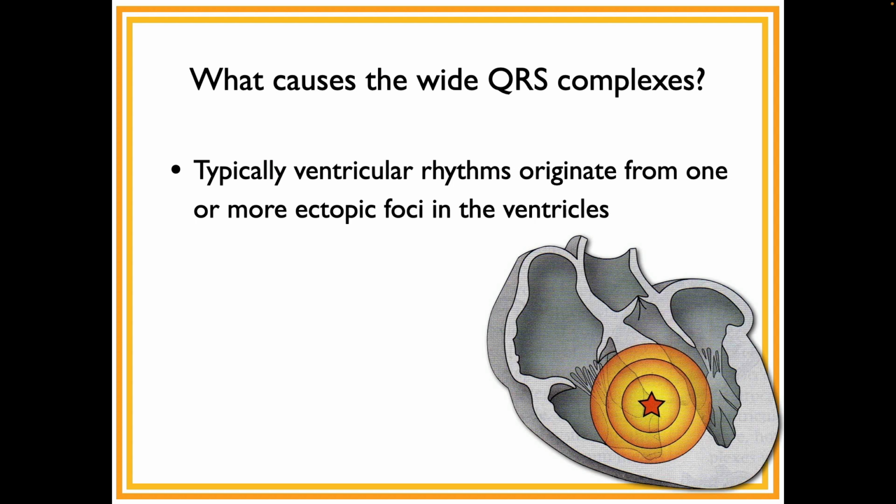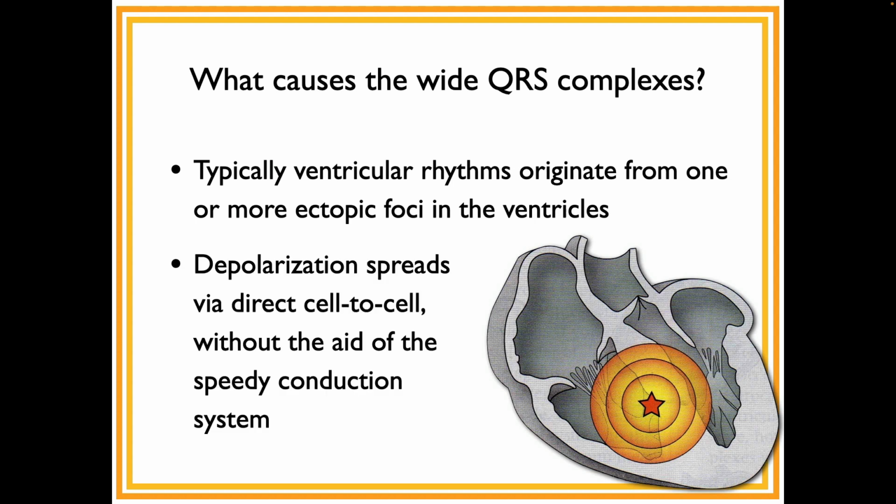Because in a healthy heart, it's the sinus node that's the pacemaker. So ventricular rhythms, it shouldn't be typically, it should be always, originate from one or more ectopic foci in the ventricles. So there's a misplaced pacemaker in the ventricles. Now, because it starts in the ventricles, it doesn't have the advantage of the speedy conduction system.